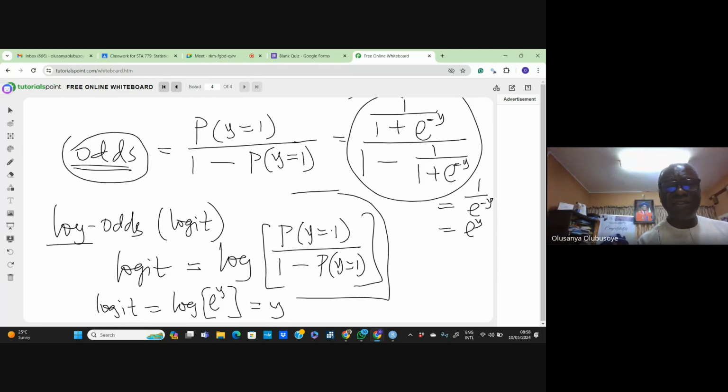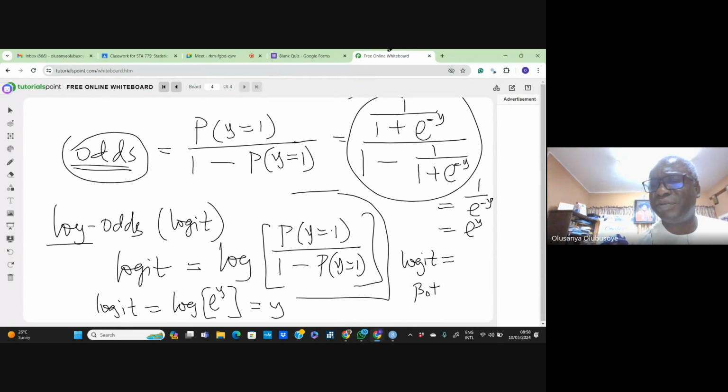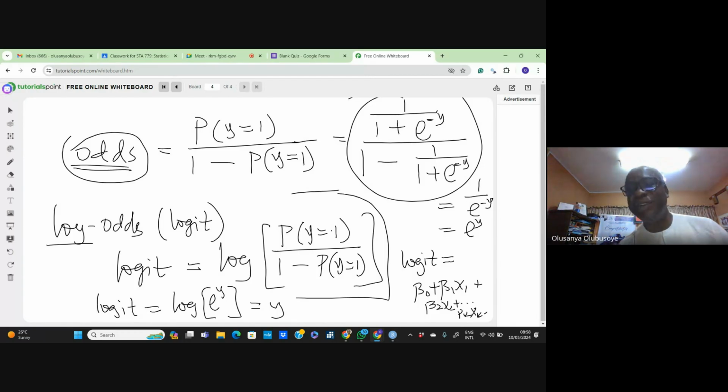And therefore, our model becomes logit, which is defined as this, equal to y. Our y is beta naught plus beta 1 x1 plus beta 2 x2 plus dot dot dot up to beta k xk. So this logit has been transformed to have a linear relationship with the predictors.